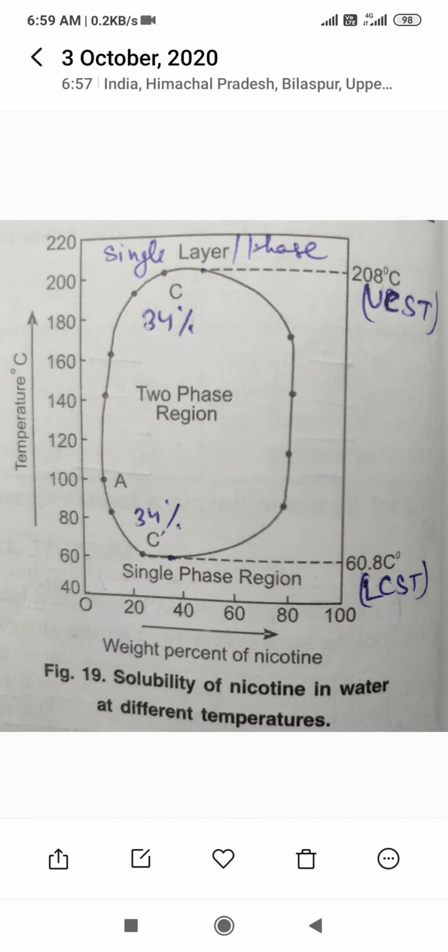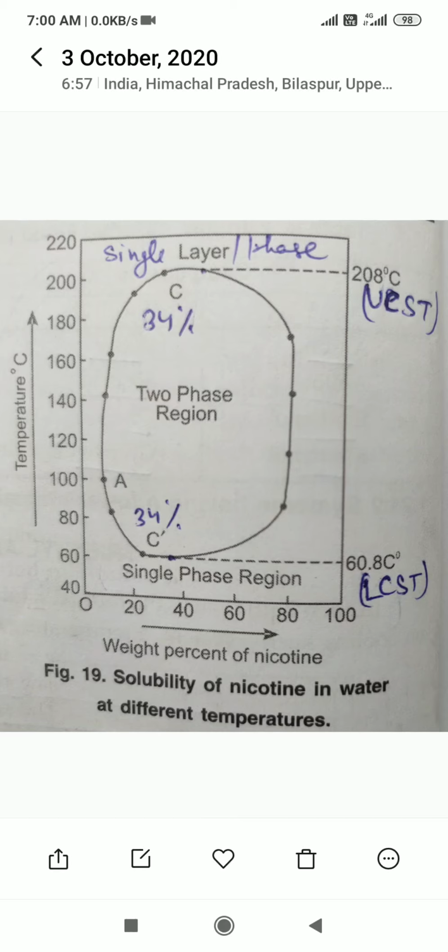I had told you that these are the systems for which there is increase in solubility with increase in temperature as well as with decrease in temperature. So what it means? It means that suppose we are having two partially miscible liquid layers and they mix to a little extent in each other.